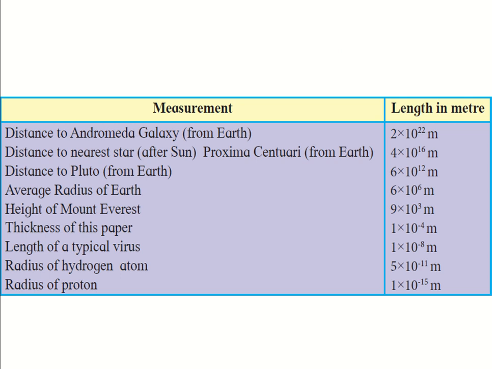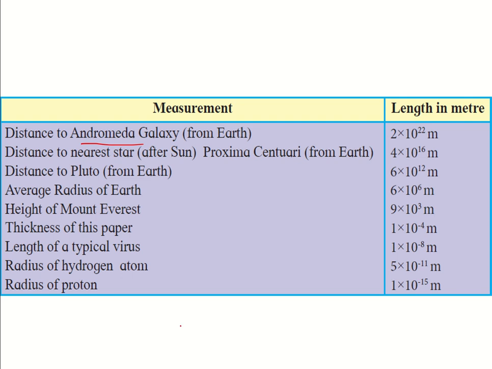These are few standard distances. Distance to Andromeda galaxy, the nearest galaxy to our Milky Way. Nearest star after Sun is Proxima Centauri, which is at a distance of 4 into 10 raised to 16 meter.